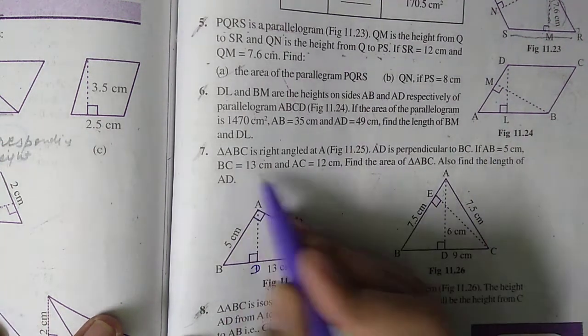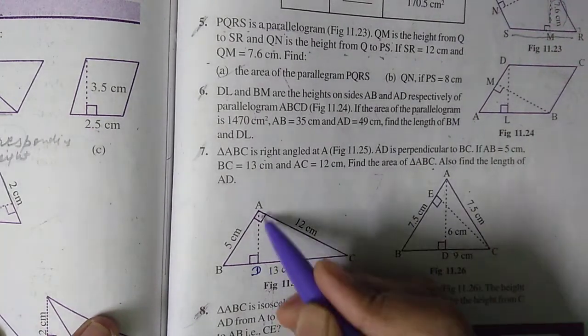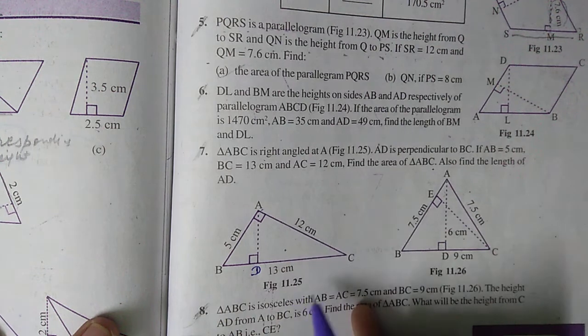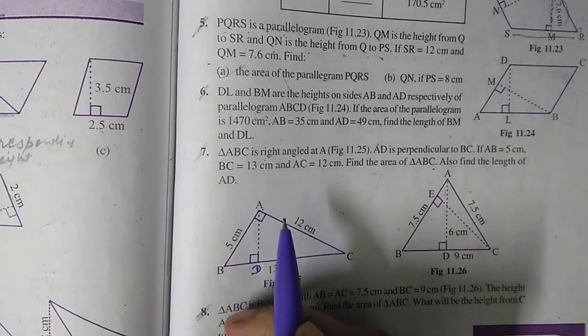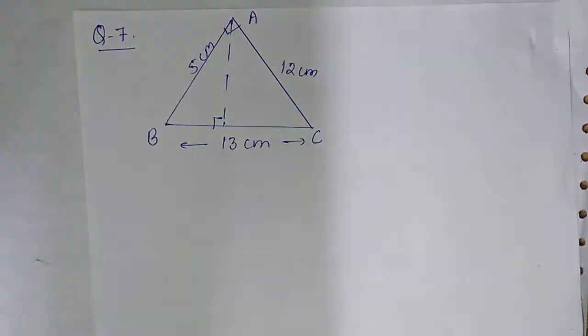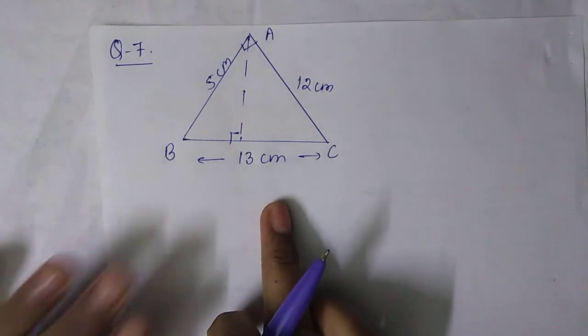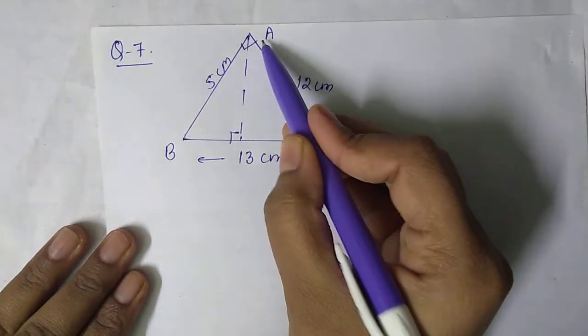AB, BC and AC are given. We have to find the area of triangle ABC, and we have to find the length of AD. So how will you do this question? This is the question: ABC is right angled at A.